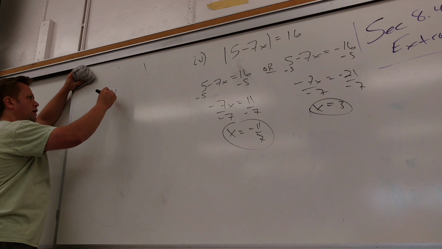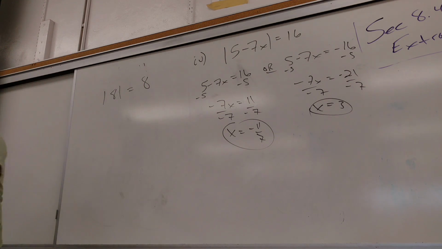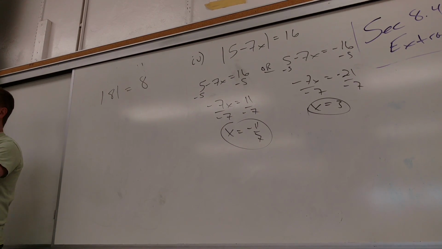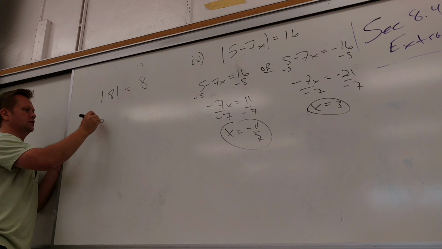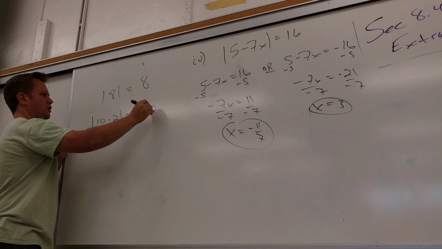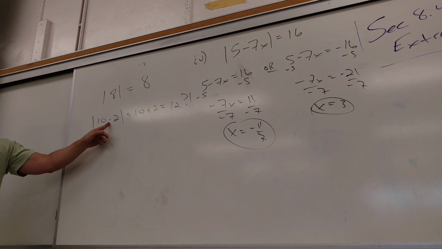All right. The absolute value of 8 is what? 8. No matter how I make 8 look, the answer's got to come out to be 8. If I put an 8 inside absolute value, the answer better come out to be 8. But, like our earlier discussion, isn't 10 minus 2 also 8? But if you do this, do you get the right answer? We know the answer is supposed to be 8.